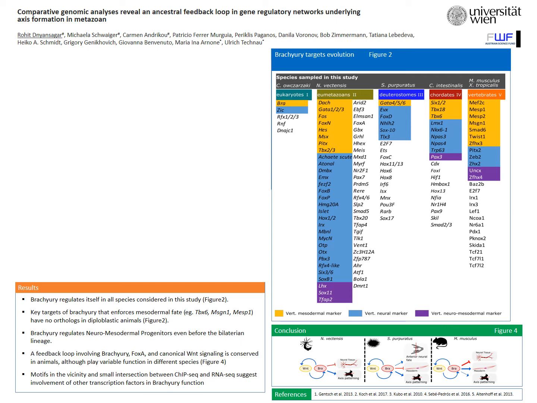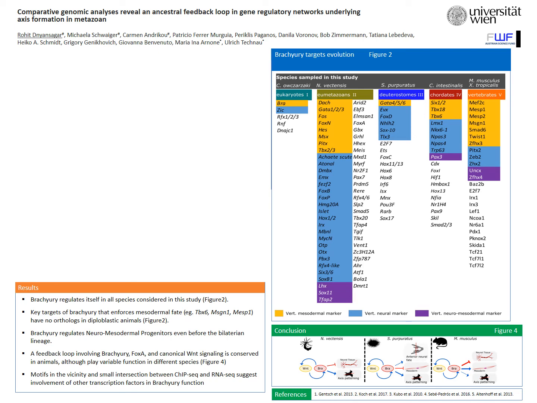There is a conserved feedback loop involving brachyury, Wnt genes, and FOXA in all animals we studied. And there are certain transcription factor motifs frequently occurring in the vicinity of brachyury, which indicates possible cofactors or a collaborative mode of action of brachyury.